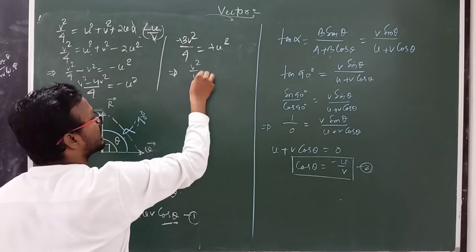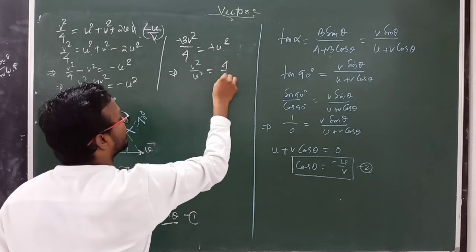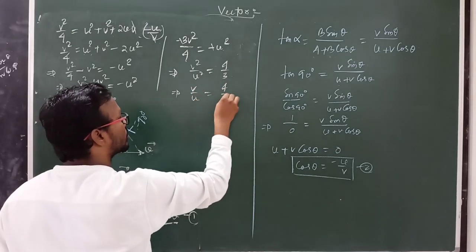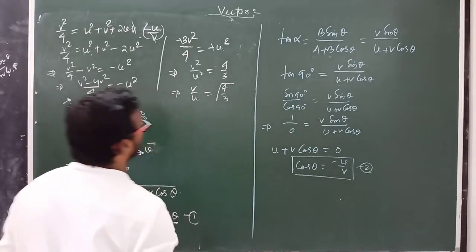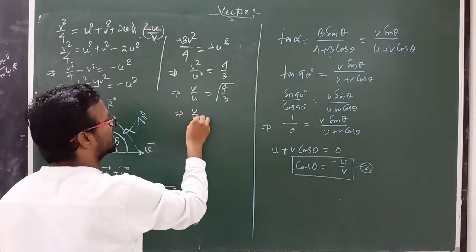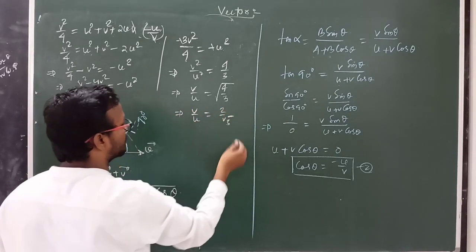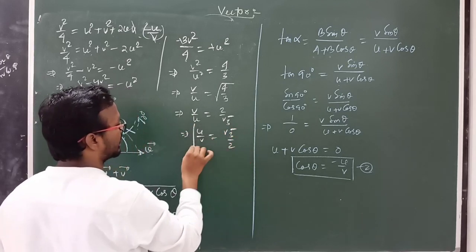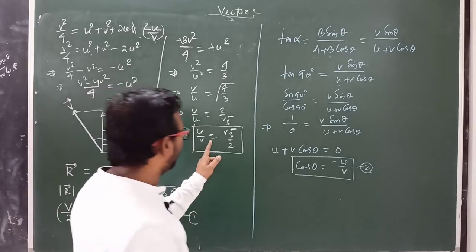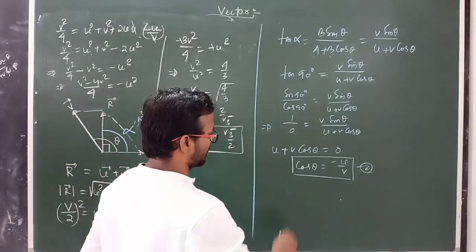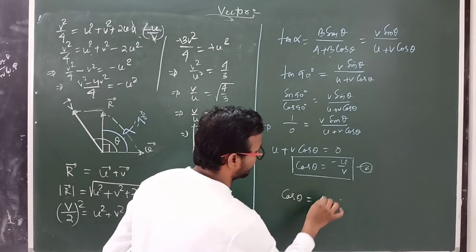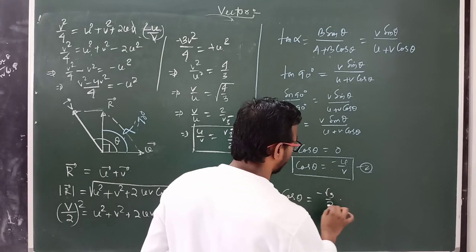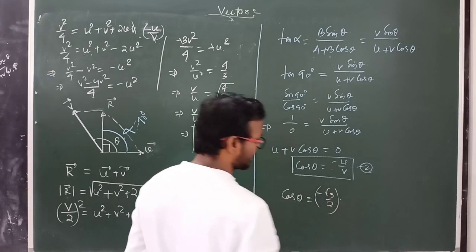You can write v square by u square equal to 4 by 3, and v by u equal to the square root of 4 by 3, or you can write v by u equal to 2 by root 3, or u by v equal to root 3 by 2. Clear? So now place this value root 3 by 2 in equation number 2, then we find cos theta equals minus u by v, so minus root 3 by 2.